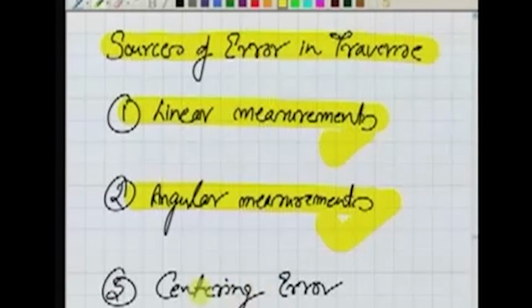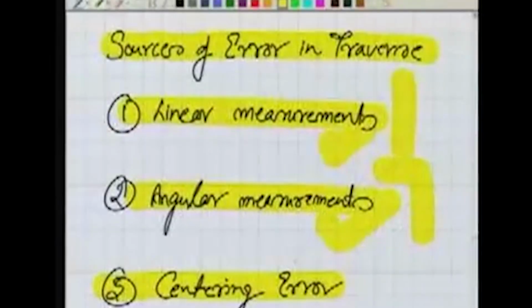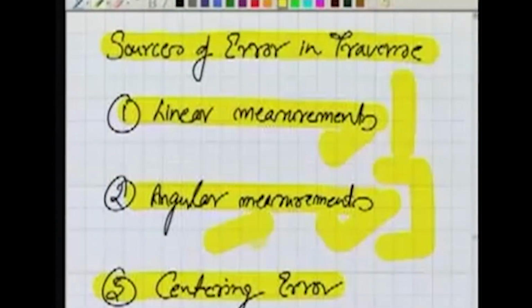So these two are the sources of error, as well as there will be error because of centering. We know about linear measurement, because we have seen in the case of the EDMI how to apply the corrections. We have seen in the case of the chain how to apply the corrections. We also know now about angular errors. What are the sources? Can we apply corrections? What should be the strategy when you are working in the field to observe these so that we can take care of these angular errors?